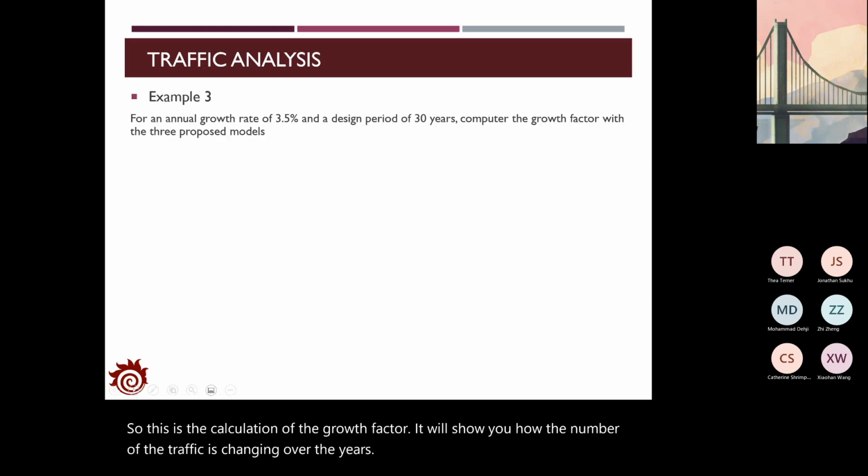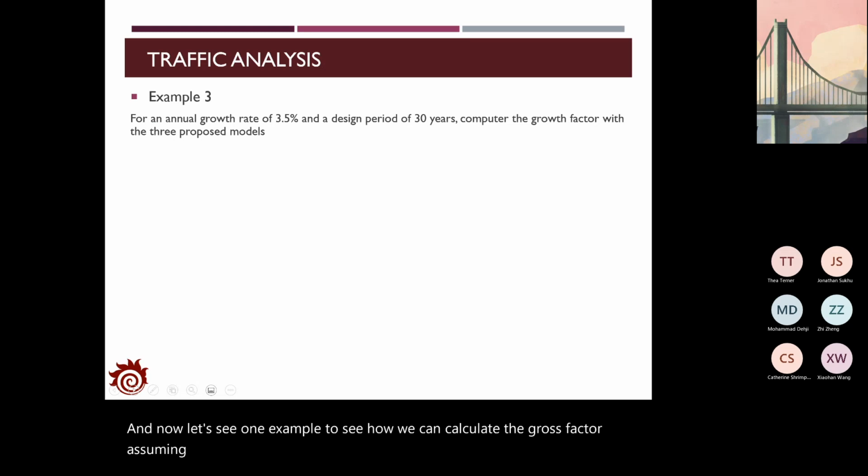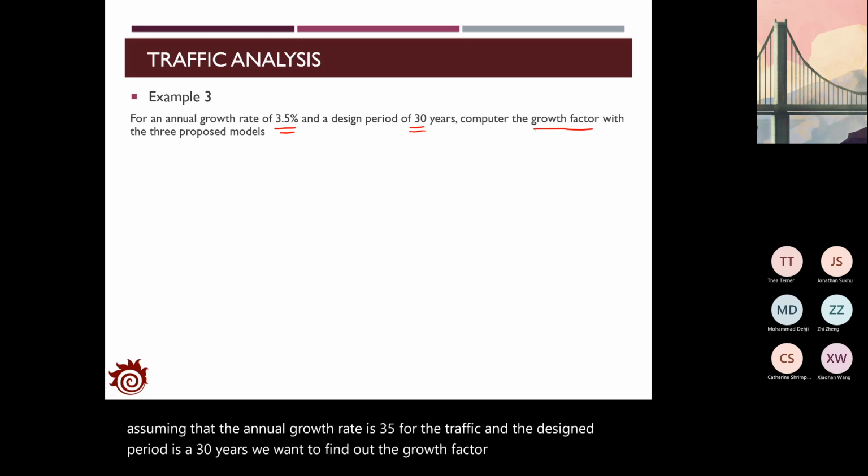And now let's see one example to see how we can calculate the growth factor. Assuming that the annual growth rate is 3.5% for the traffic, and the design period is 30 years, we want to find out the growth factor of all the three models. So we can start with the simple model.